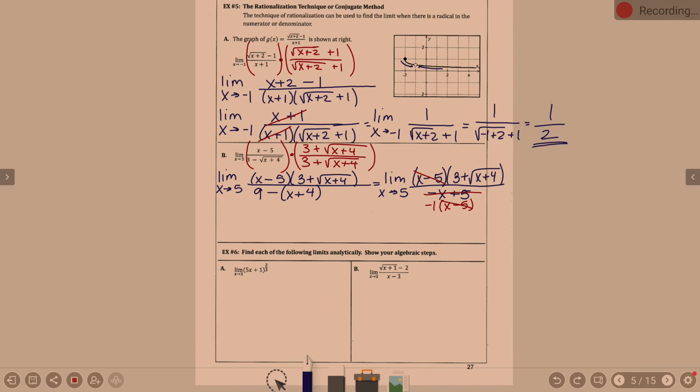So when I rewrite this limit as x approaches 5, my only denominator is a negative 1, correct? I'm not going to leave a fraction unnecessarily. So I'm going to write it as negative, like -1, just writing negative, times 3 plus square root of x plus 4. If you'd rather leave it as divided by -1, it's equivalent.